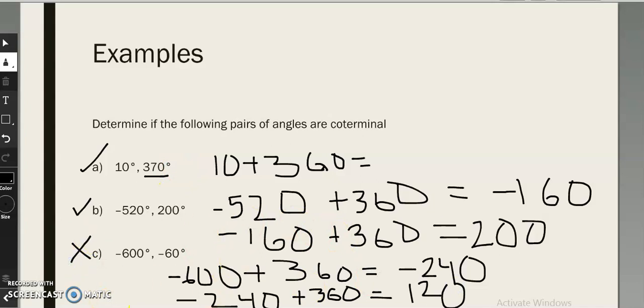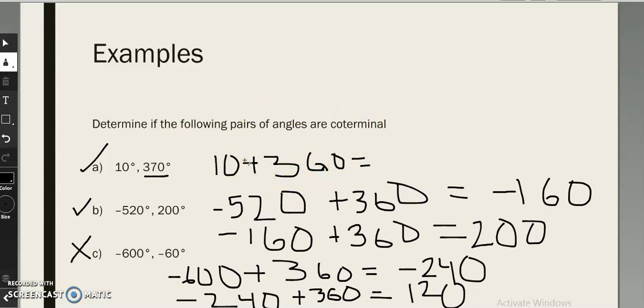I don't have to go through this process. I can subtract these numbers from each other, or add these numbers to each other, and see if the result is a multiple of 360. For example, if I subtract 10 degrees from 370 degrees, I get 360, so that value is a multiple of 360.